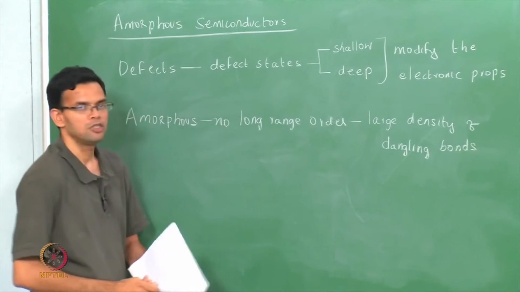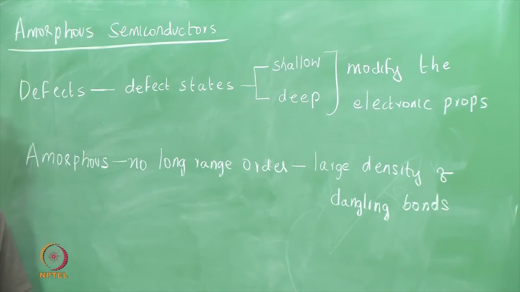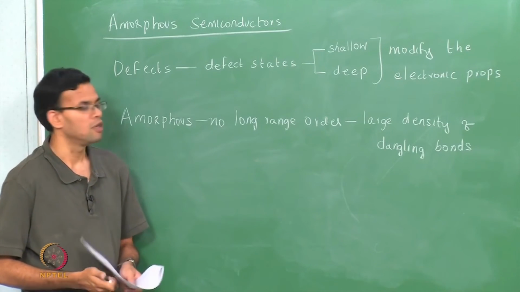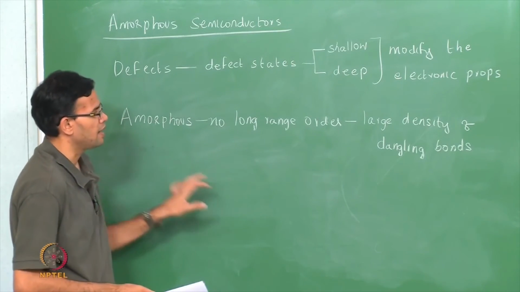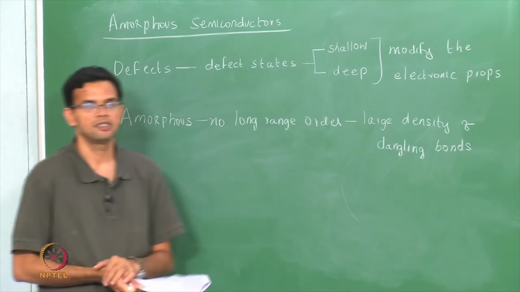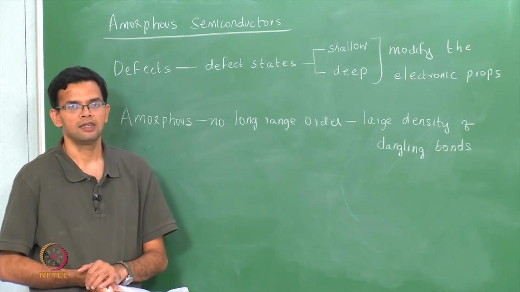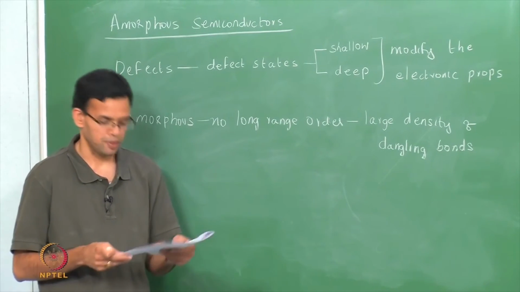So, dangling bonds are formed when you have one silicon atom which has one electron, but there is no opposite silicon atom to supply another electron to form the bond. So, amorphous materials are characterized by having a large density of dangling bonds, and these dangling bonds basically act as defect states in the band gap.